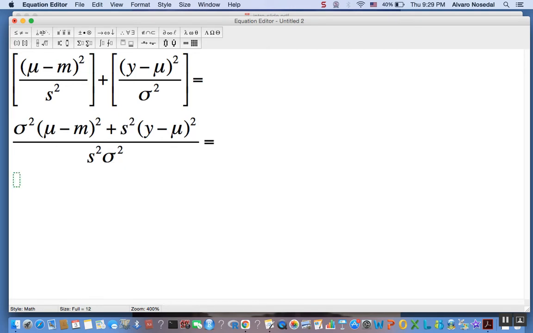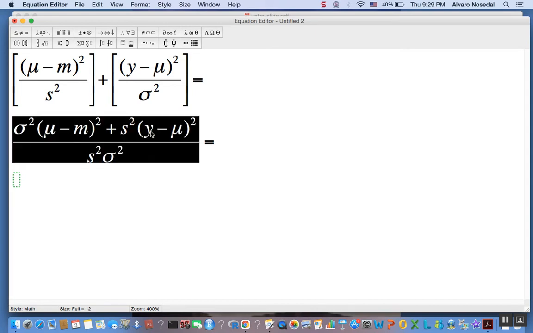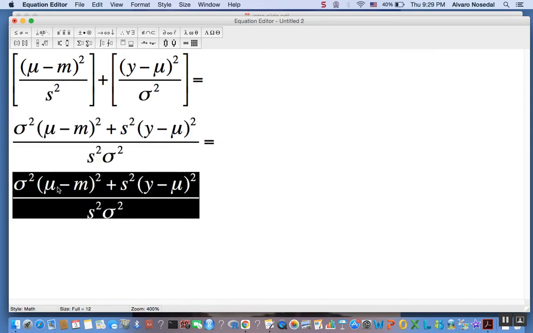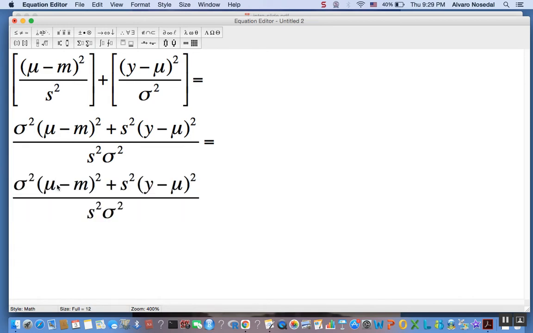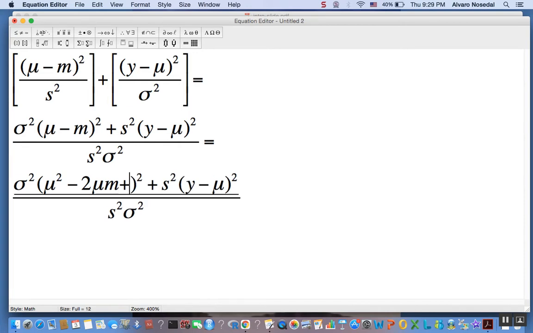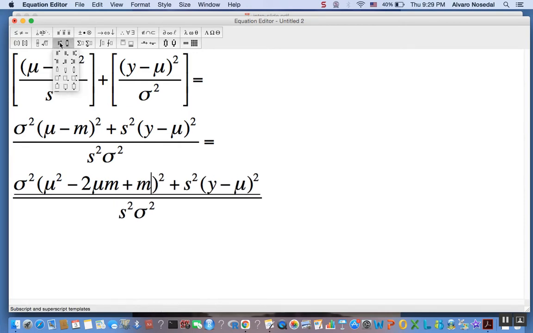Okay. So now let's do a bit more algebra. Let's see what we have here. We are going to have mu squared, right? Then we're going to have minus 2 times mu times m plus m squared.